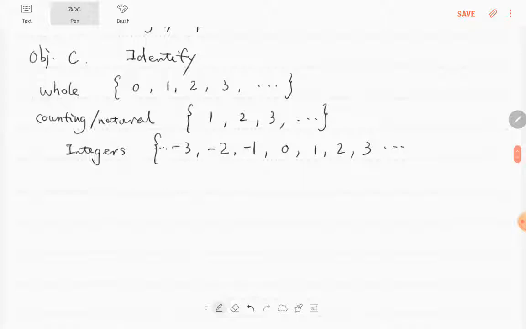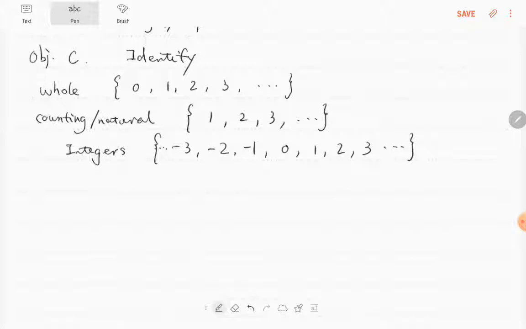Also can be smaller than -3. So this kind of set of numbers, we call it integers. So it is possible to be a negative number in integers. But for natural numbers, they are all positive numbers. And for whole numbers, we have 0 and all the positive numbers.